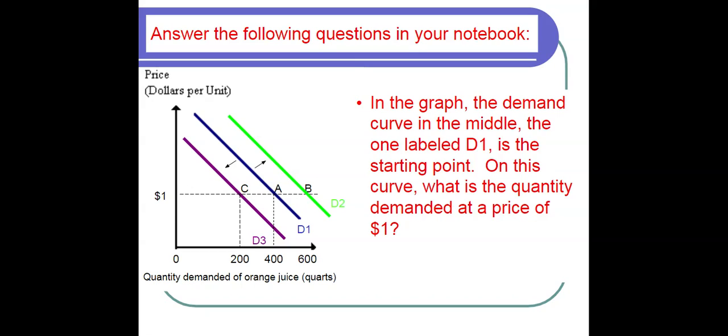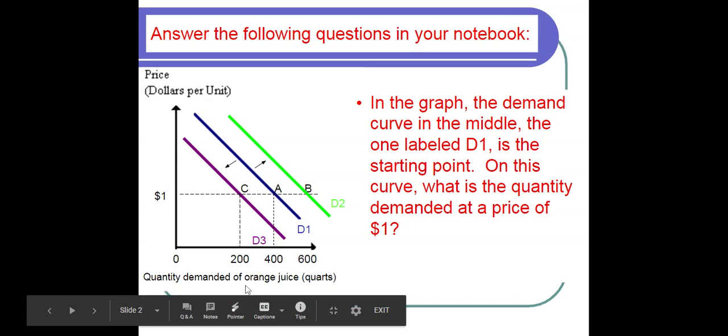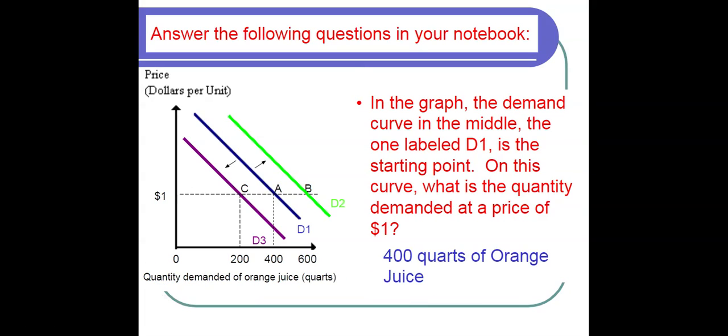At D1, what is the quantity demanded at a price of $1? And we're looking at orange juice. So at D1, our starting point, the quantity demanded at a price of $1 is 400 quarts of orange juice.